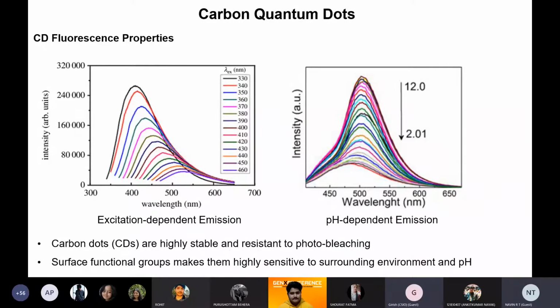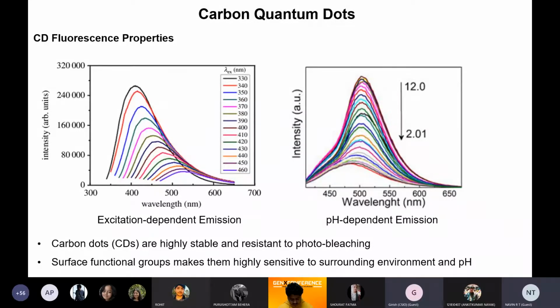Normally, all the nanoparticles are very surface reactive, because, as I told you, these nanoparticles have the majority of atoms present on the surface, that high surface to volume ratio. So almost all the nanoparticles, including the traditional quantum dots, even the gold nanoparticles, have a very high tendency to aggregate with time.